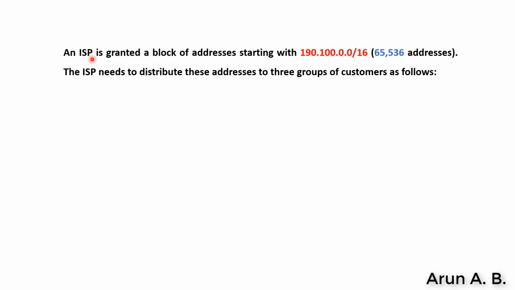So an internet service provider is granted a block of addresses starting with 190.100.0.0/16, that is 65,536 addresses.